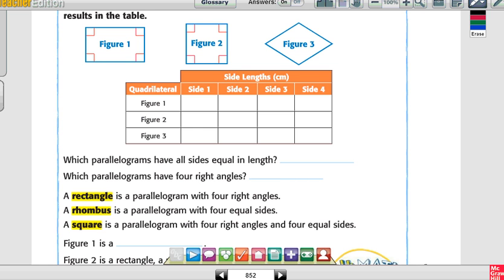Now look at figure 1, figure 2, and figure 3. Okay? Which parallelograms have all the sides that are equal in length? Which one of those has all the sides that are the same?